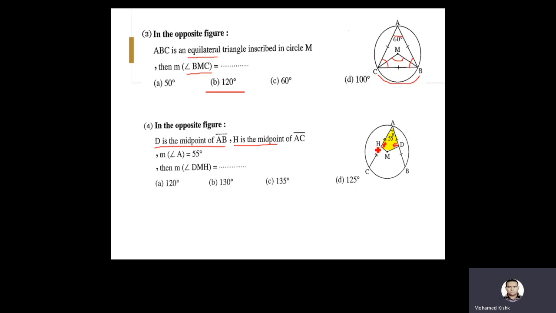We know that the sum of the measures of the interior angles of a quadrilateral is 360. So to get the measure of this angle, it will be 360 minus 90 plus 90 plus 55. It will be 125 degrees. Okay, so the answer D is the right one.